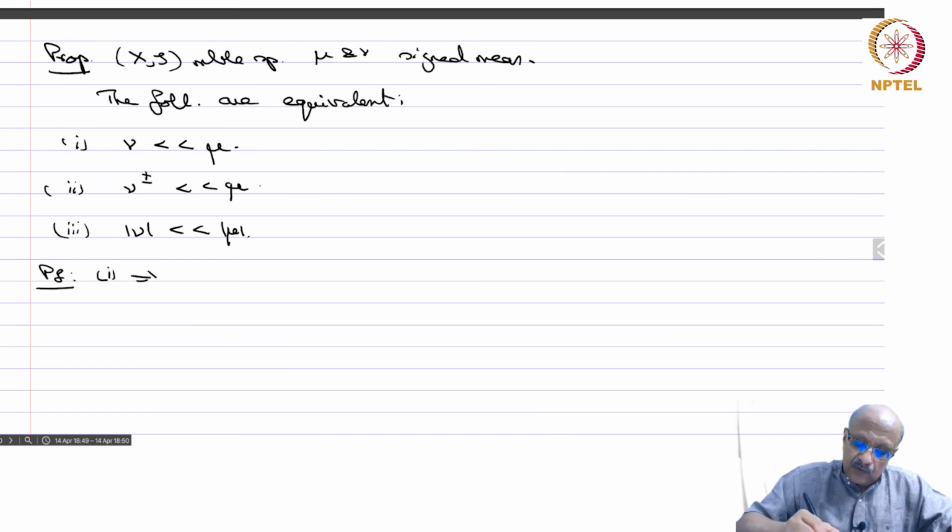So proof: 1 implies 2. So X equals A union B, Hahn decomposition for nu.